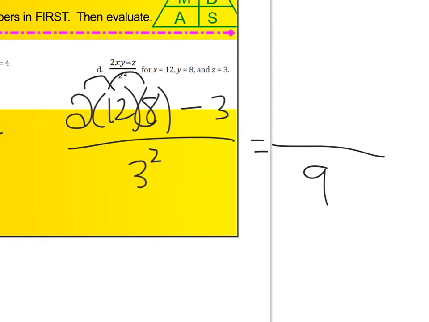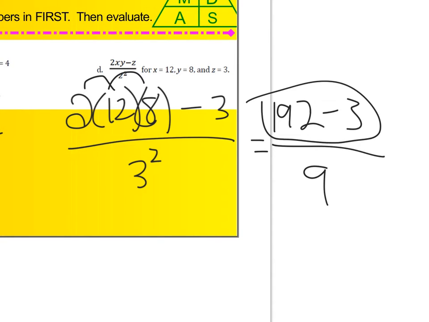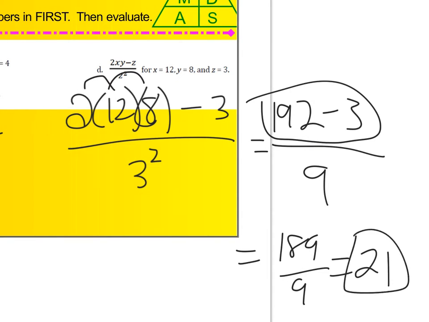Multiply all those together first. 2 times 12 is going to be 24. 24 times 8 is going to be 192 minus 3. Now, this happens before I divide by 9, so that's going to be 189 divided by 9. So after all that noise, I get a final answer of 21. So take a look at that.